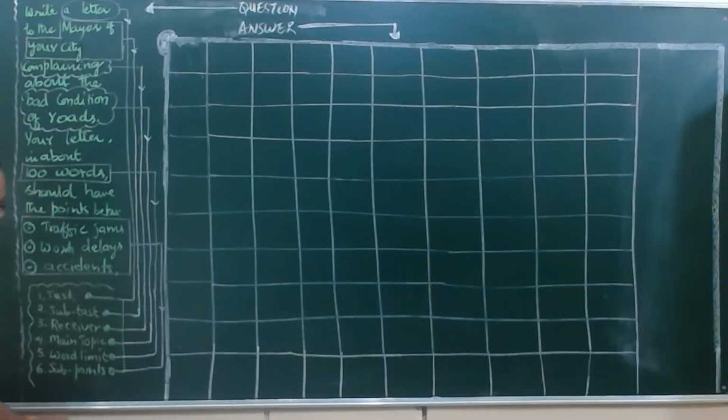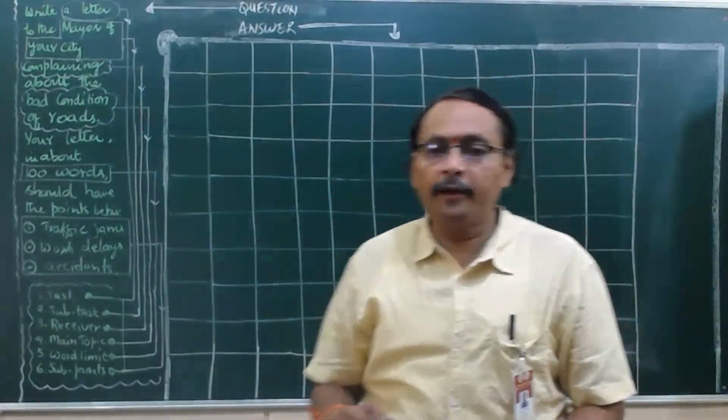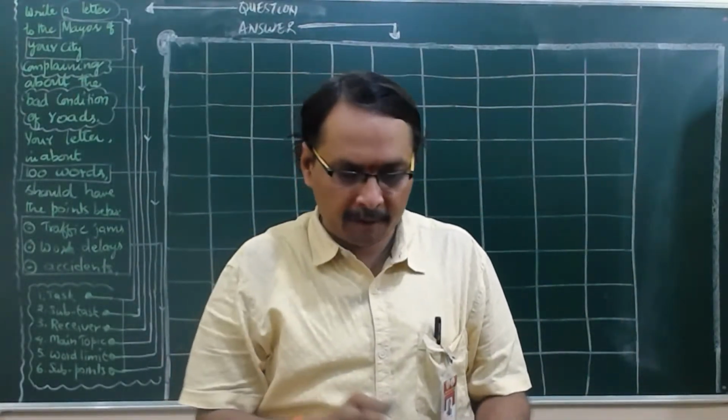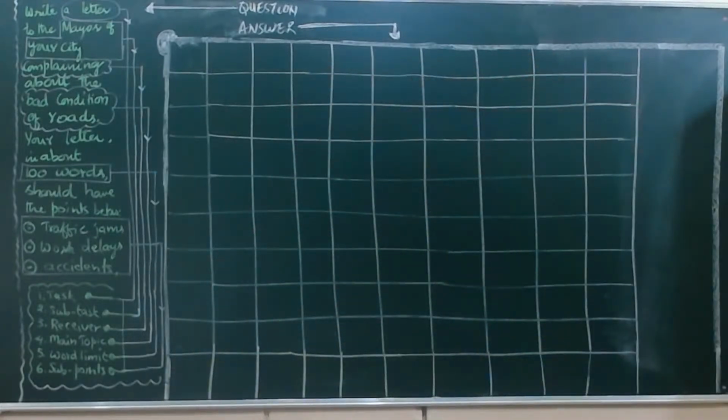Now that you are able to understand what this particular thing is going to be about, let me tell you why I have drawn this grid. Especially when you are starting, please come out of that opinion which has been planted in your heads by many people: that you have been learning English for a long time, and that's why you know how to write a letter.